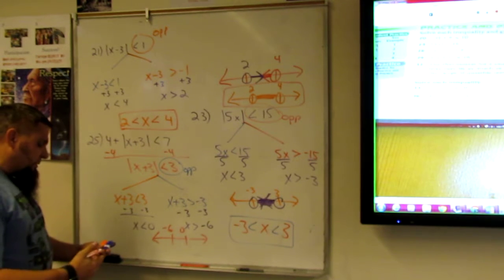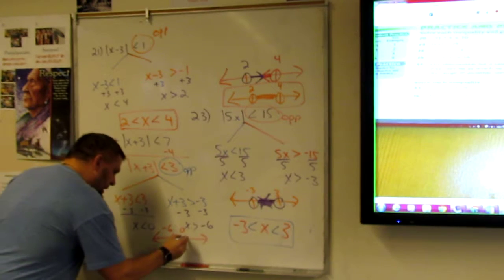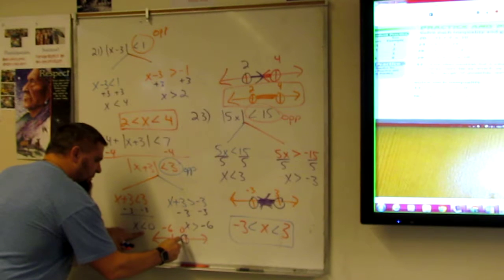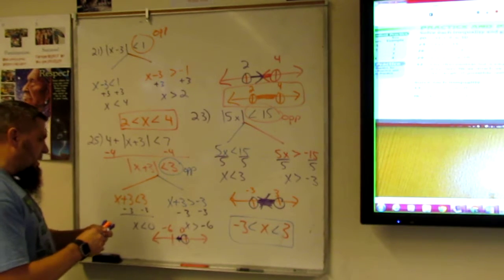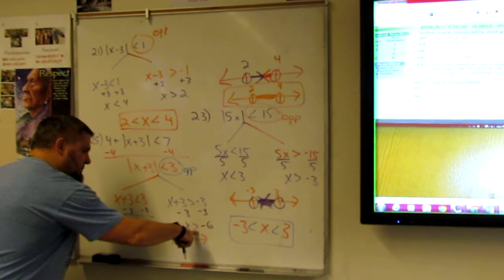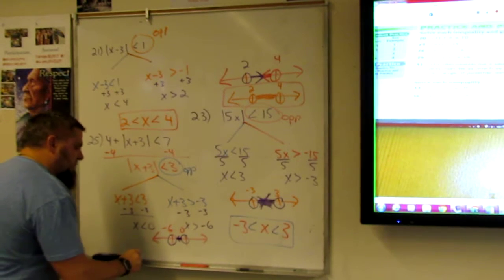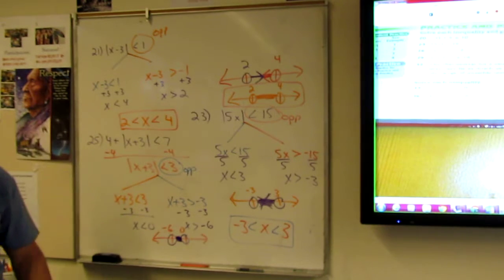Is it an open circle or closed circle? Open. And then which way? Left. Then open circle or closed? Open. Left or right? Right. So right in between them.